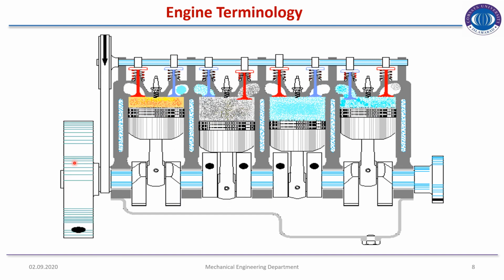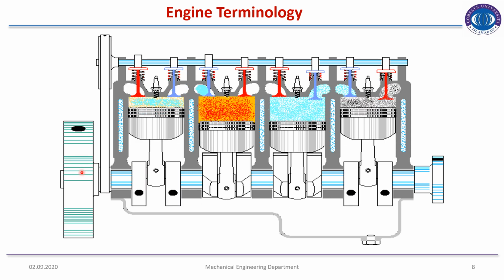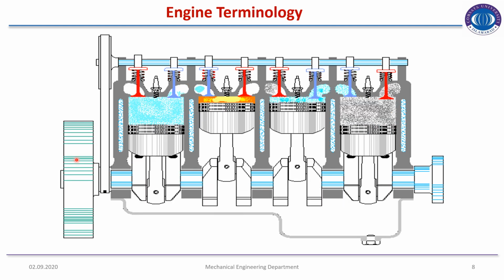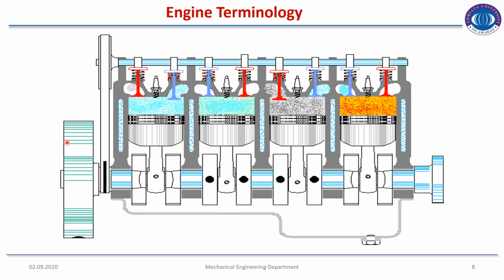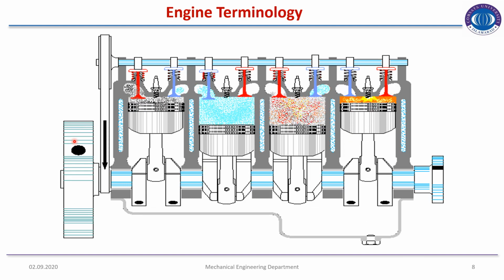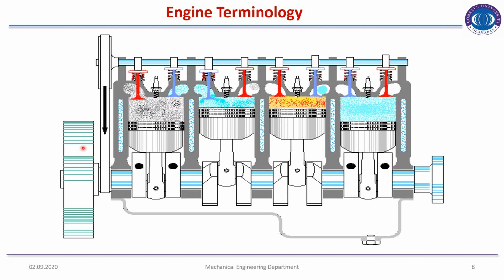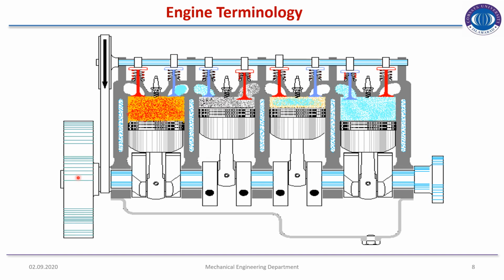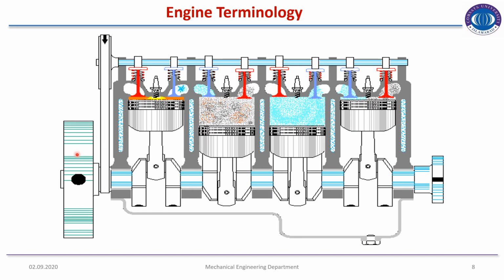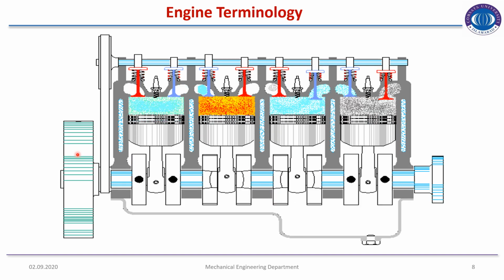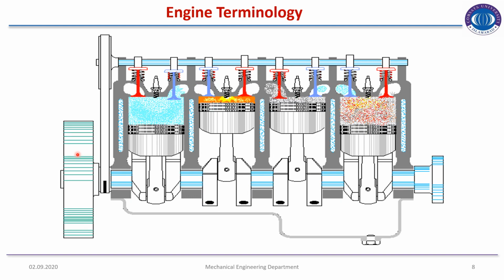A flywheel is a mechanical device that stores mechanical energy. You will discuss the designing of this flywheel in the design of machine elements subject. These flywheels are specifically designed according to the requirements and standards.